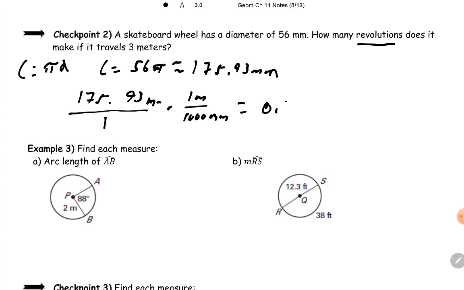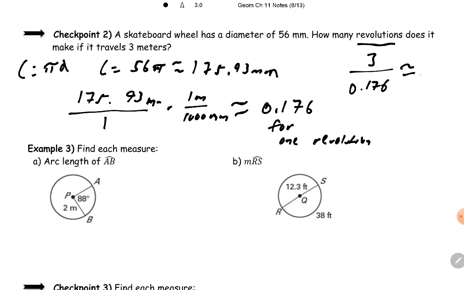So I'm going to get 0.176 about for 1 revolution. So we do 3 divided by that number, and it'll do about 17 revolutions.